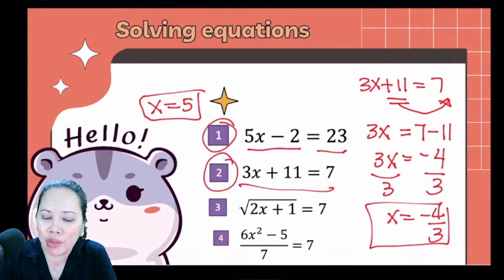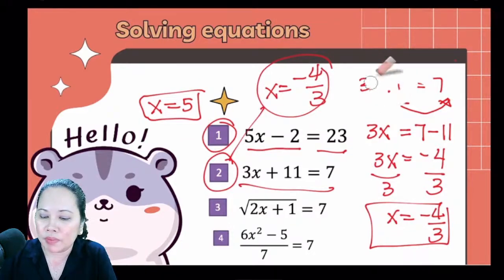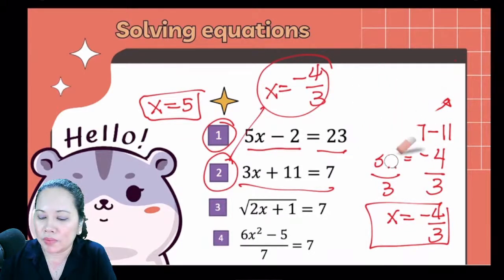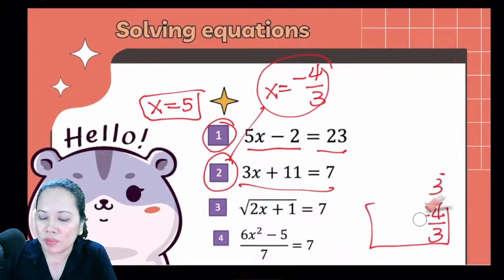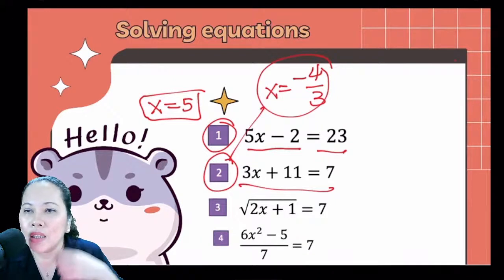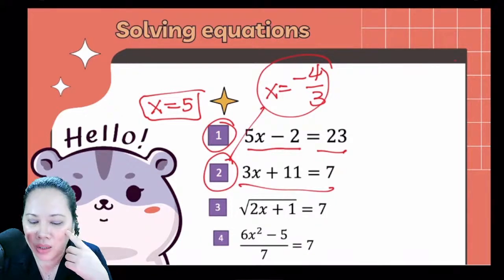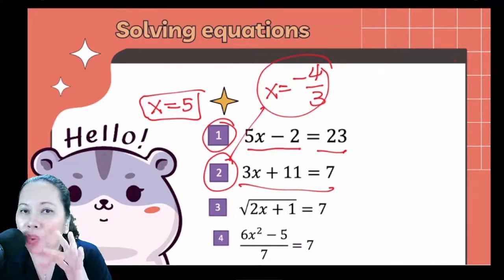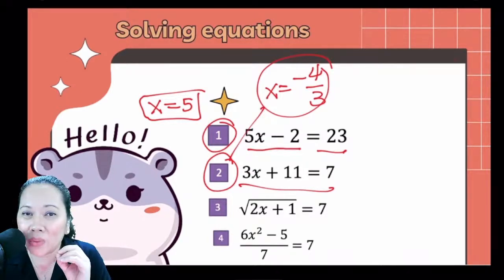So for number 2, this will be x equals negative 4 over 3. Okay? So the next question here is, what if you will encounter a square root?